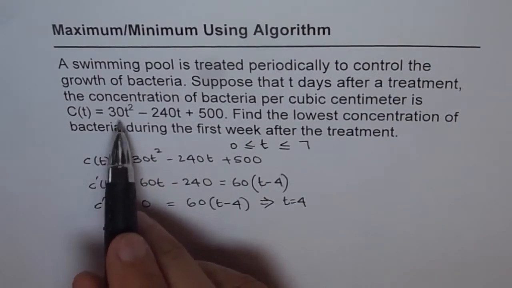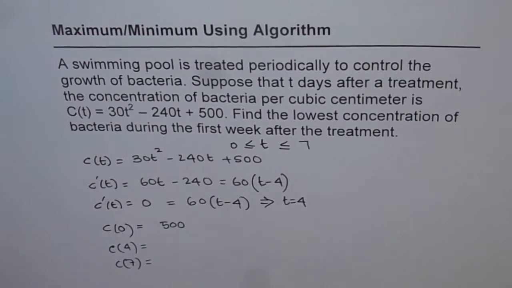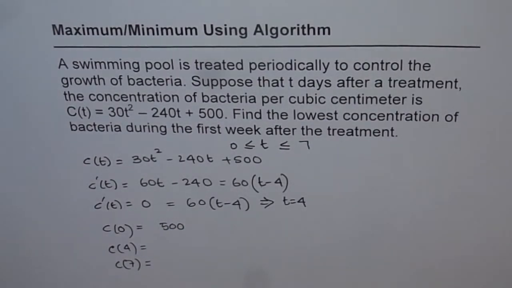For that we can use the calculator and calculate each value. Well, for 0, when t is 0, these two terms will be 0 and we are left with 500. So 500 is the initial count. Now for 4 we have 30 times 4 square minus 240 times 4 plus 500, which gives us a value of 20.